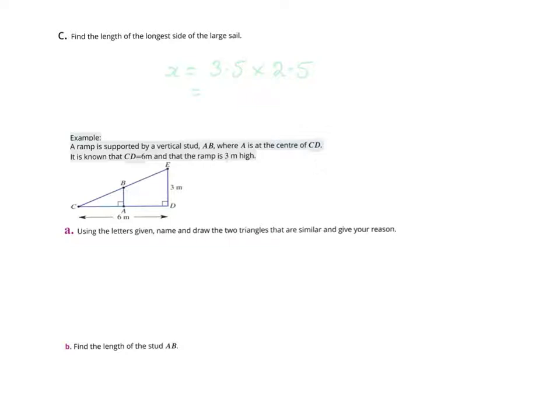When I multiply them together, I get 8.75. Don't forget my units were in metres, so that's 8.75 metres, the length of the larger sail.